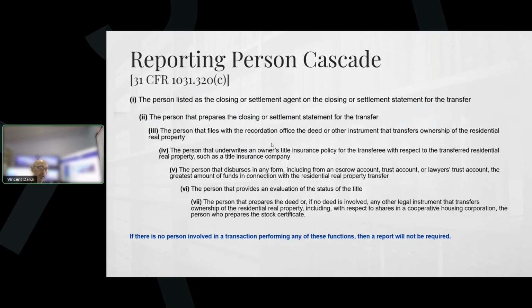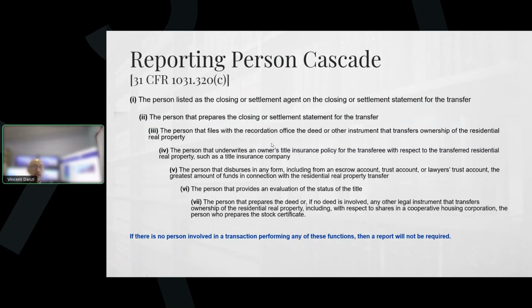I think we all know that practically speaking, those are going to almost always be the same person. But if there is no such person, then it's the person that files the deed with the recordation office. Now, if there's no such person, and this gets a little fuzzy, then it would be the person that underwrites an owner's title insurance policy for the transferee with respect to the transferred residential real property.